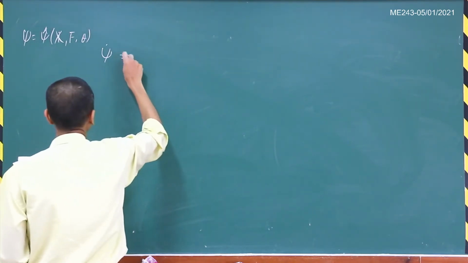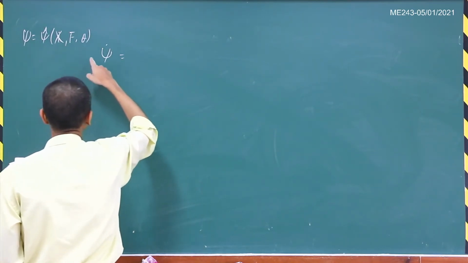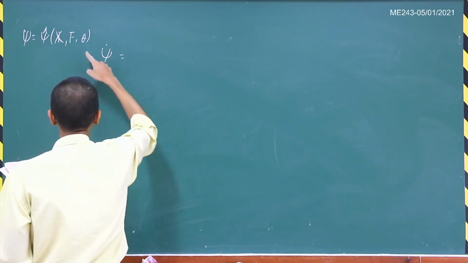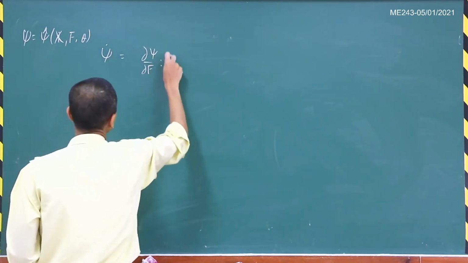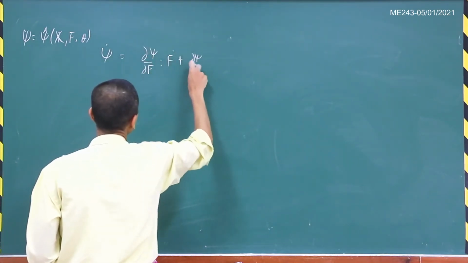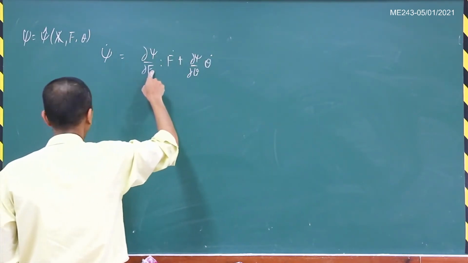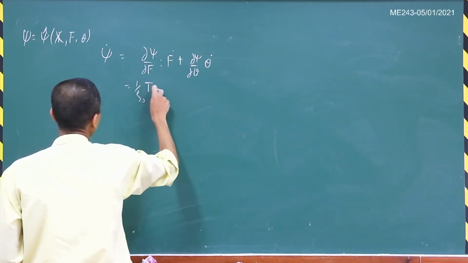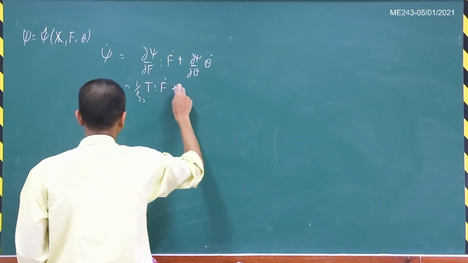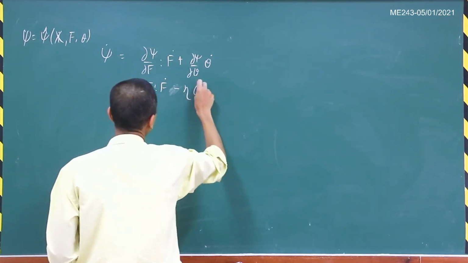So I will get that this is equal to del xi by del f times f dot plus del xi by del theta times theta dot, and then we have seen that del xi by del f is equal to 1 by rho naught times T times f dot plus this is minus eta times theta dot.